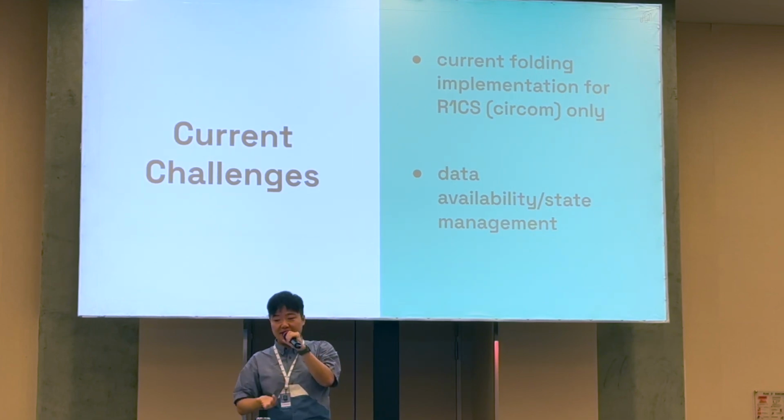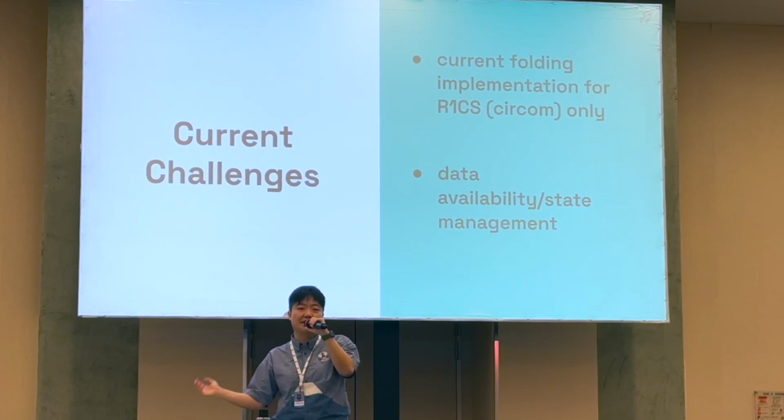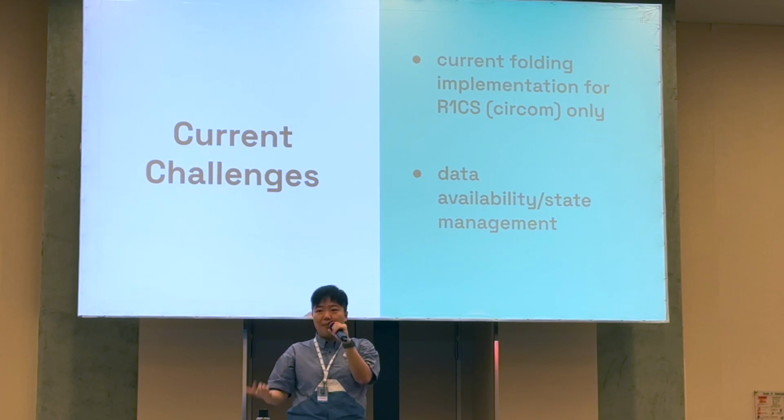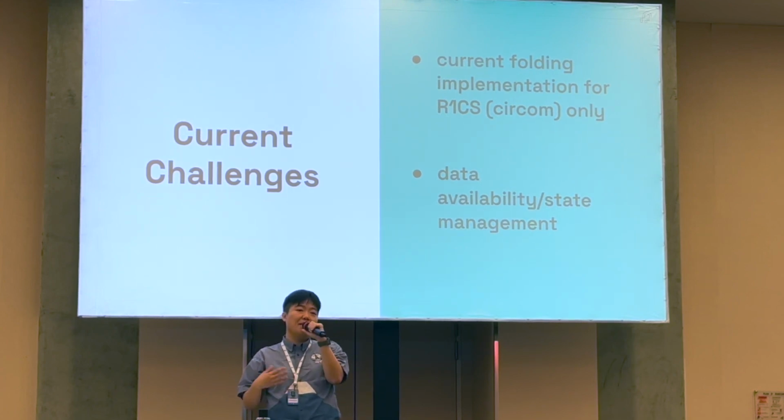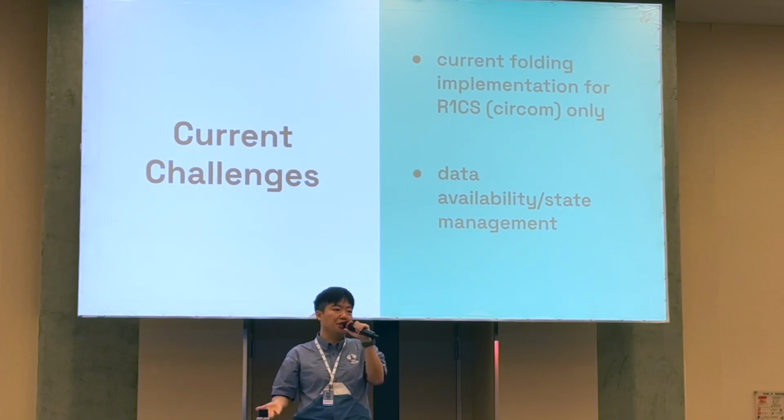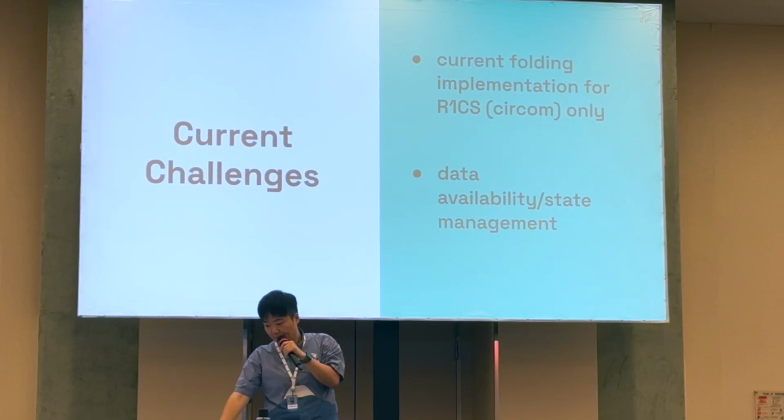Of course, that being said, there are a lot of other implementations on the other schemes that Maggie has mentioned, like Protostar, HyperNova, Sangria. Once we have that, we will be able to fold zero-knowledge machine learning much more efficiently.